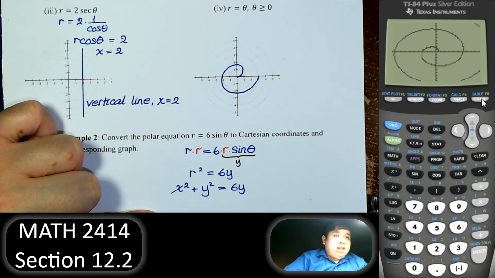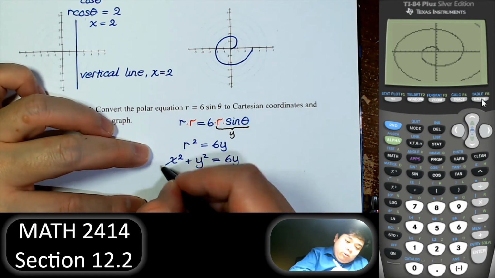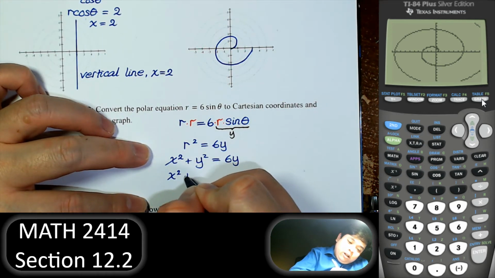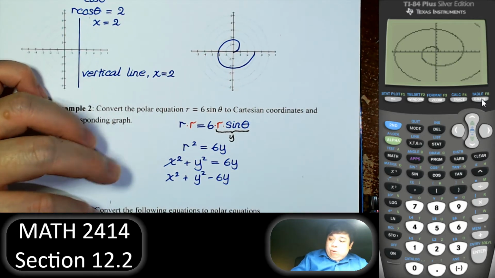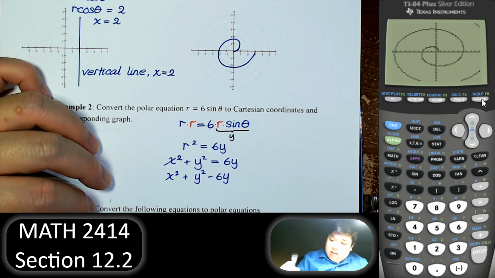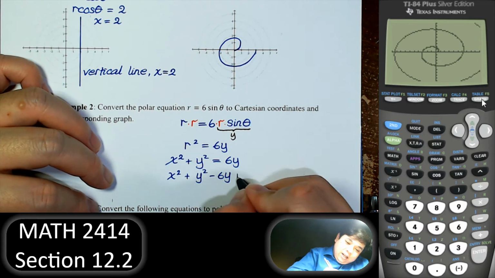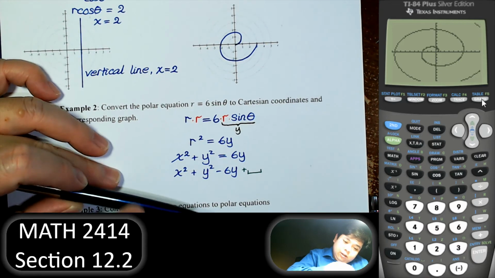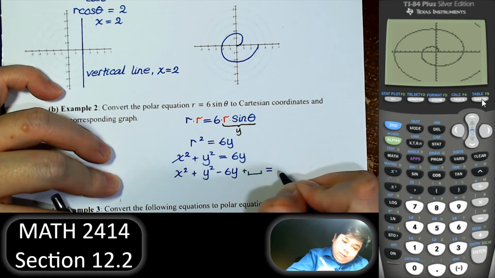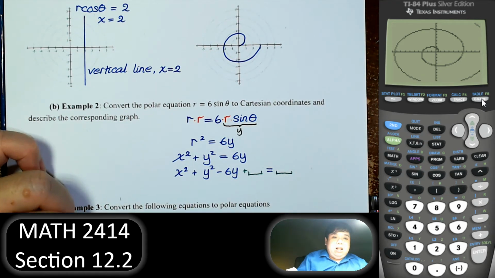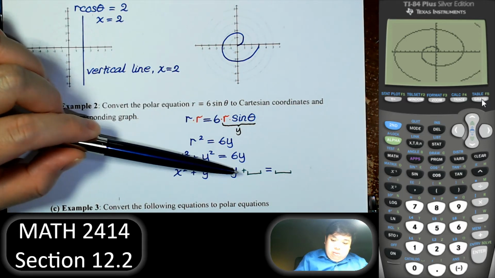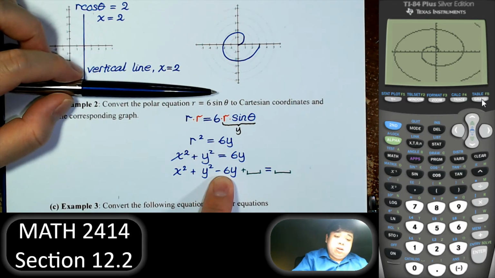Right now we don't see that very clearly, but if I move the 6y to the other side, and I will complete the square, just add something to this side, and we can add something on the other side. Things will balance. To make a perfect square, we take half of the middle number.